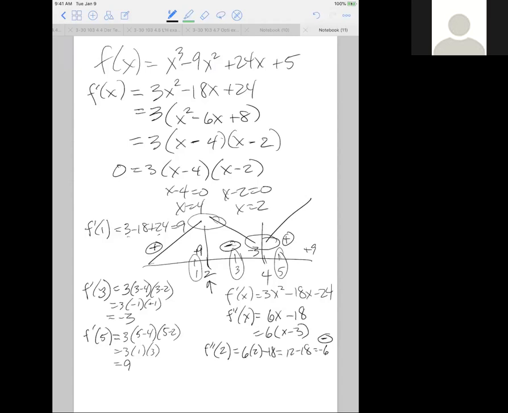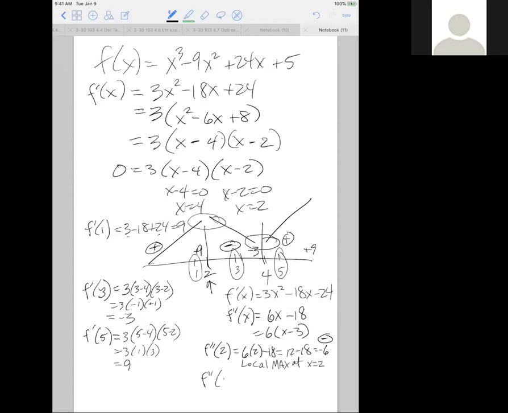That means it's concave down, and therefore the critical value is up at the top. So that's a local max at x equals 2, right?